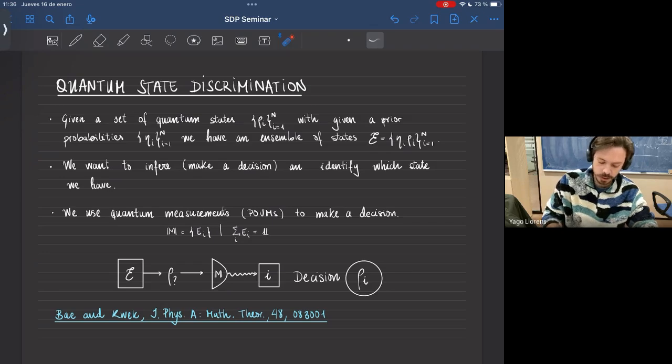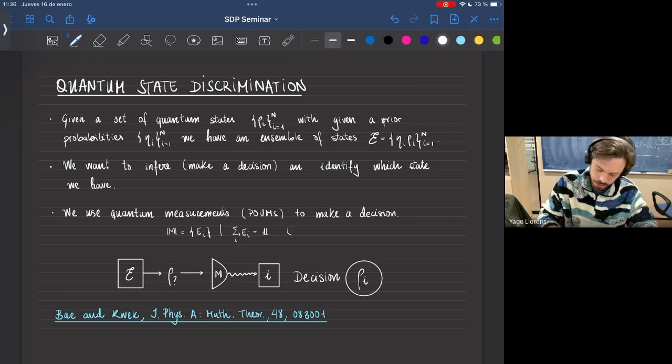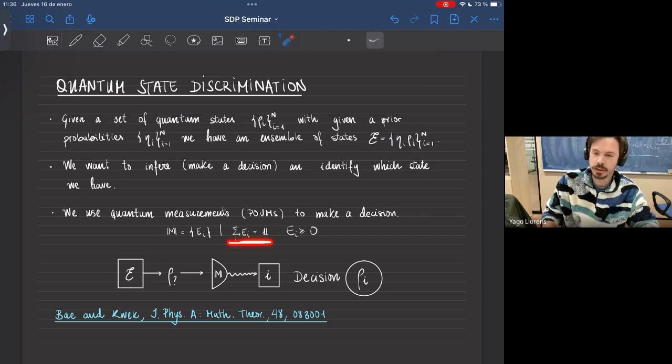For that, we use quantum measurements, POVMs, which are nothing but semi-definite operators that sum up to the identity. It's a bunch of operators that fulfill this condition and this other condition.